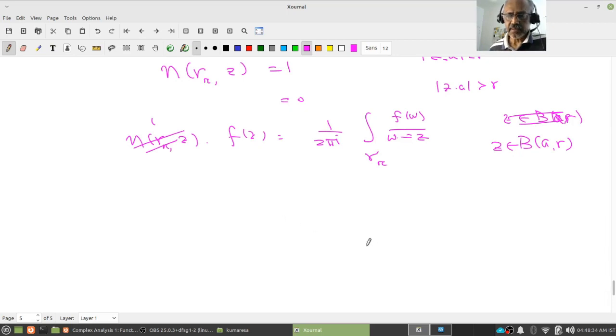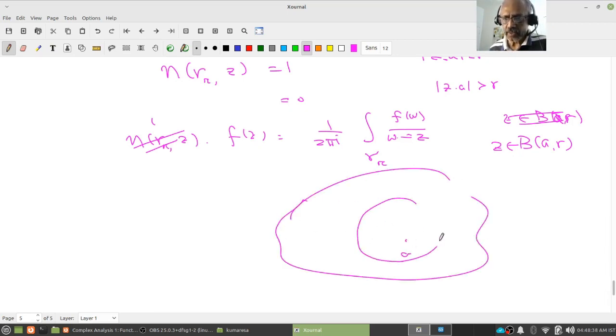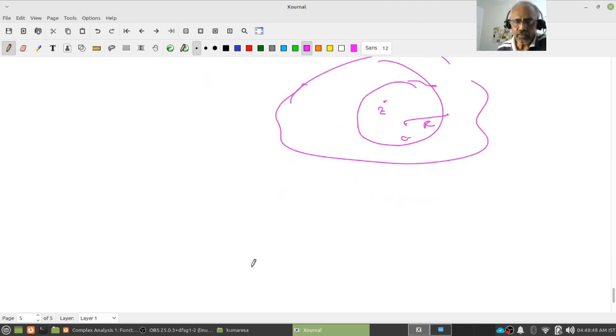So I have some A, and this is my R, and look at any z here. Now let us look at what I know.